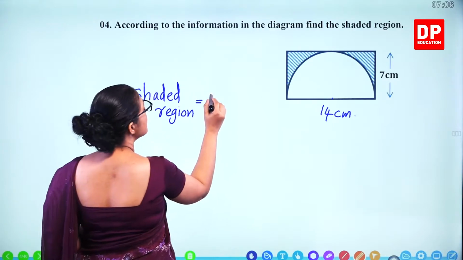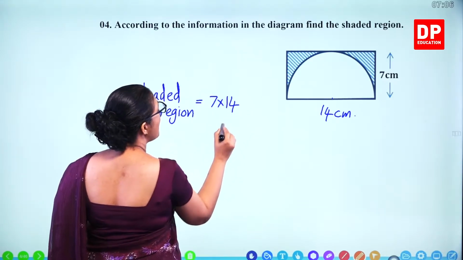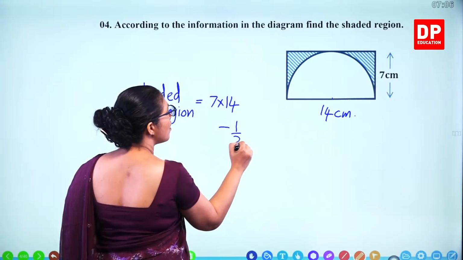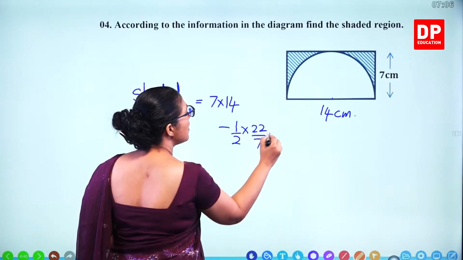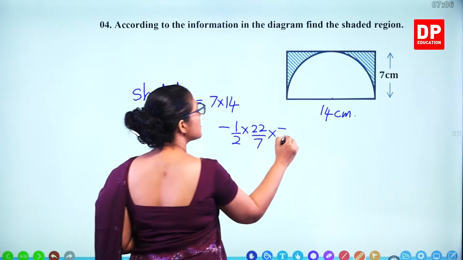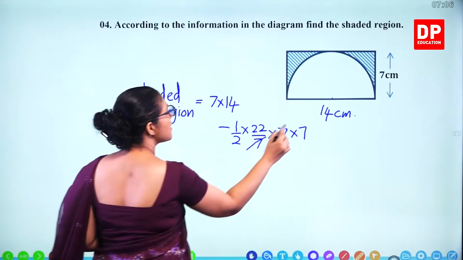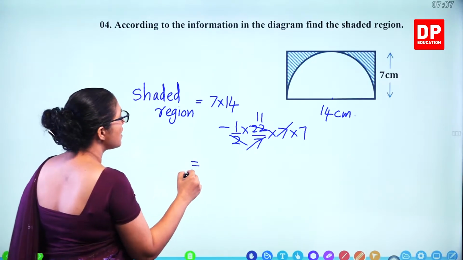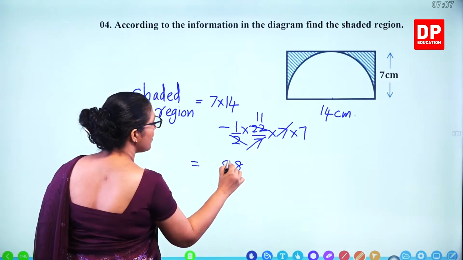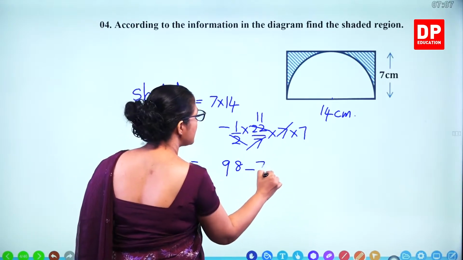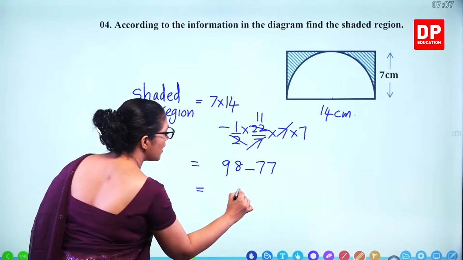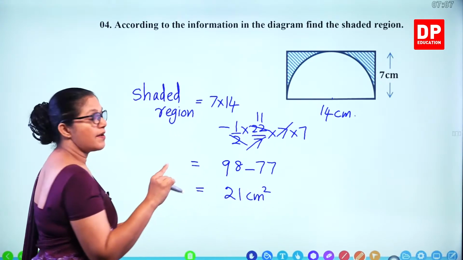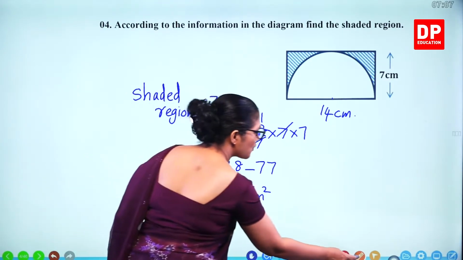Area of the rectangle, 7 into 14, minus area of the semicircle, half pi r squared, where pi is 22 over 7 and r is 7. The 7s cancel out, and 2 with this gives 11. So you get 98 minus 11 times 7, which is 77. You get 21 square centimeters as the area of the shaded region. So 2 marks for that.